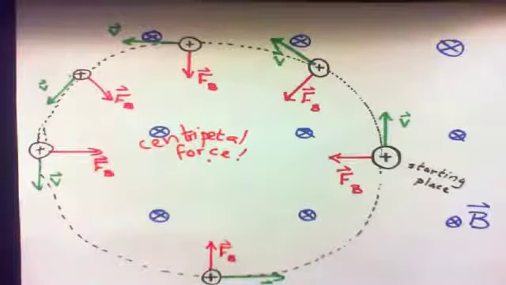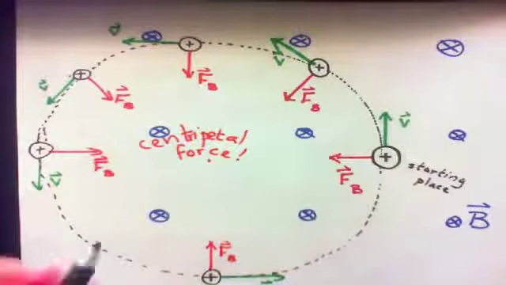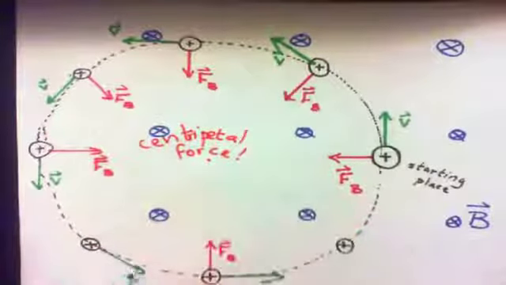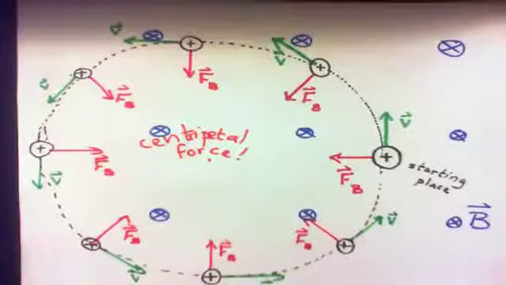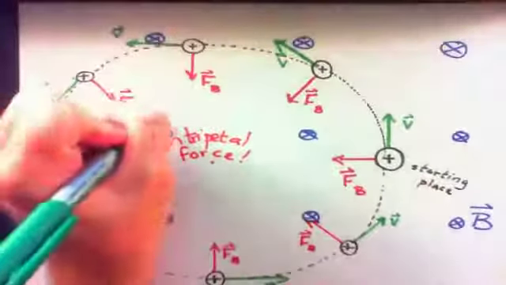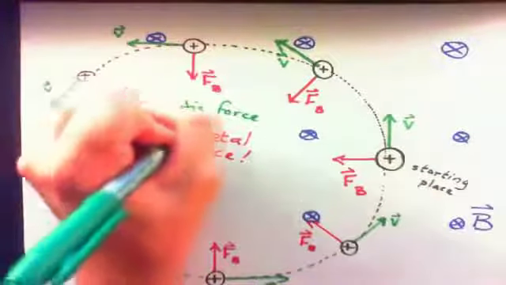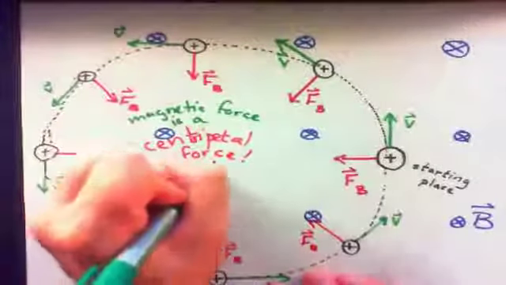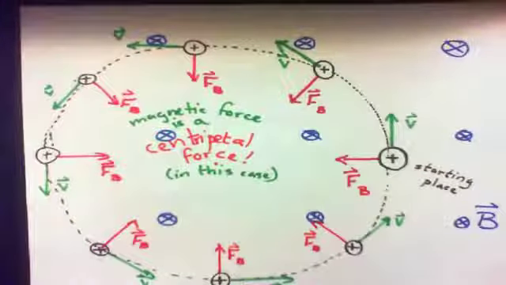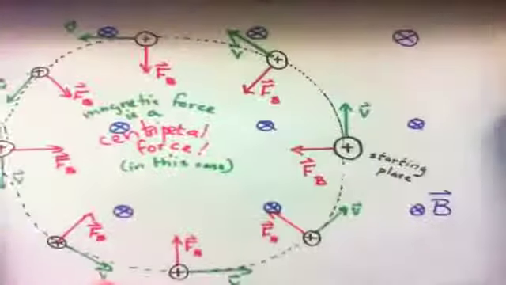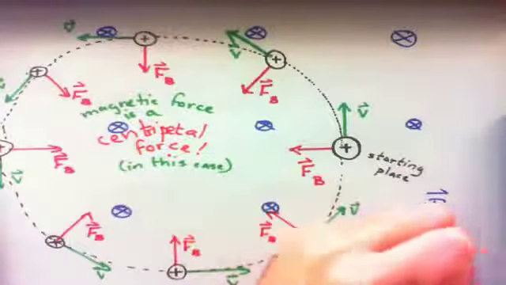In this case, where we have a positive charge traveling through a magnetic field, the magnetic force on that charge is a centripetal force, and the object moves in a circle. Now, that might seem like, what does it matter? That's actually very important for a lot of different applications. This is how particle accelerators get charges to move in circles. This is one reason why solar flares move in arcs.